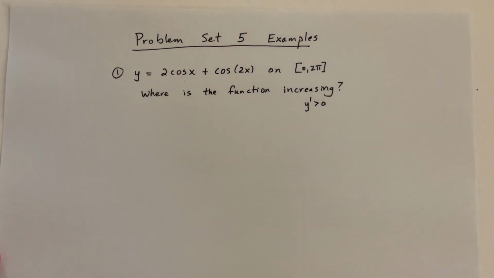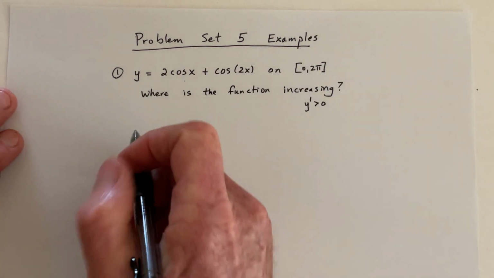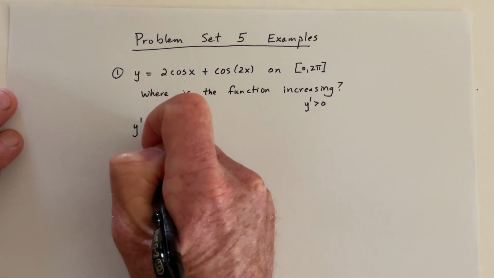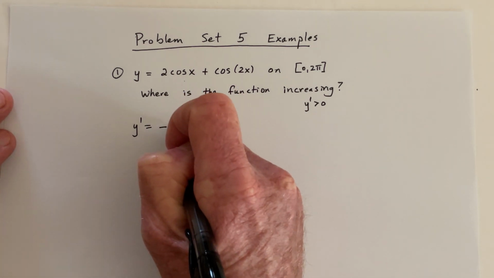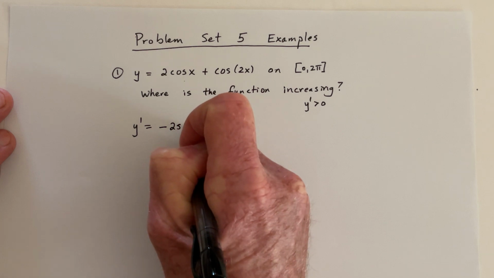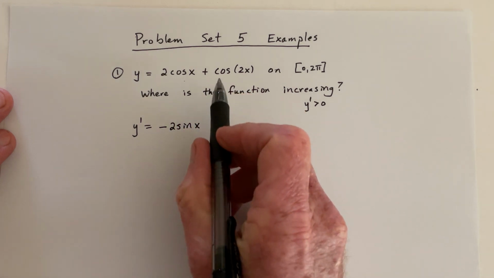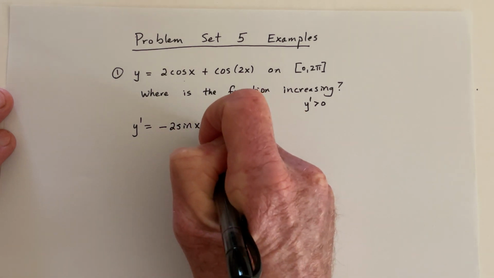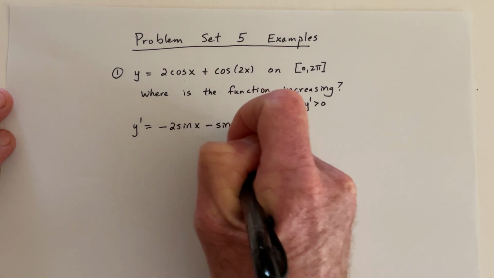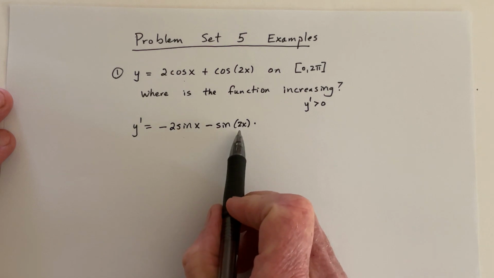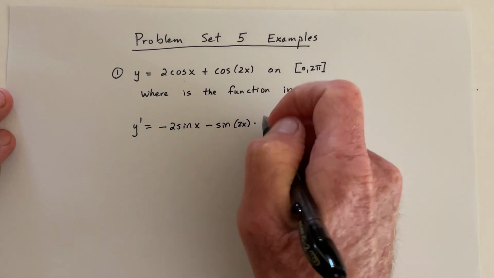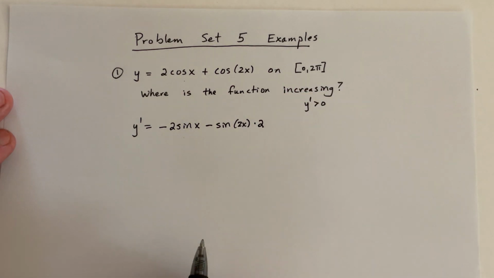Now to find out, where does the derivative equal 0? So the derivative of cosine will be negative sine, so -2 sine of x. And the derivative here will also be negative sine of 2x. And then the chain rule tells me you also need to take the derivative of 2x and multiply by that 2.